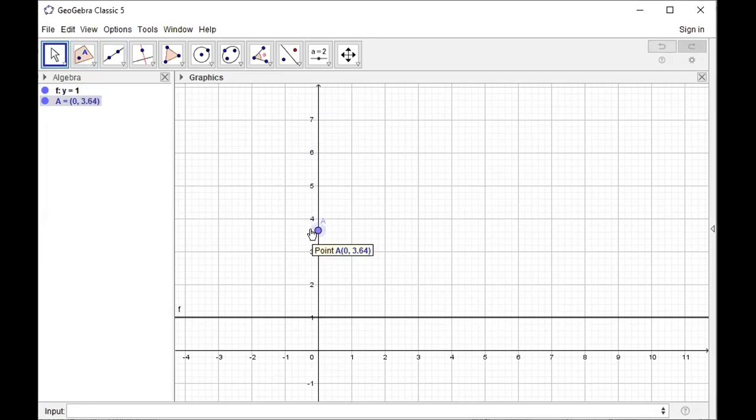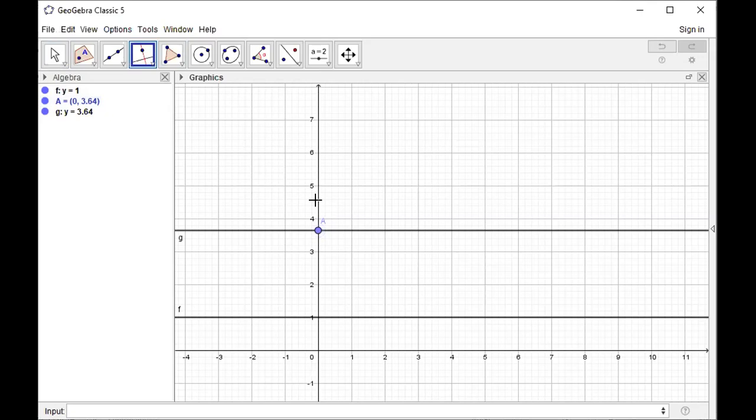And you need to draw another line through that. That's the scaled number line. And you need the origin.